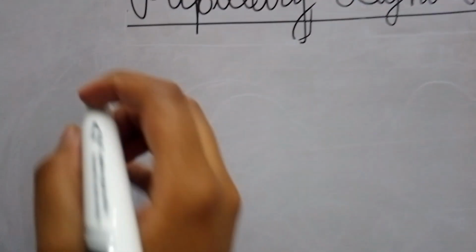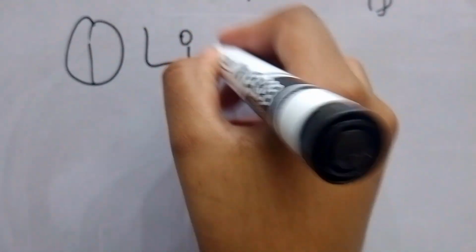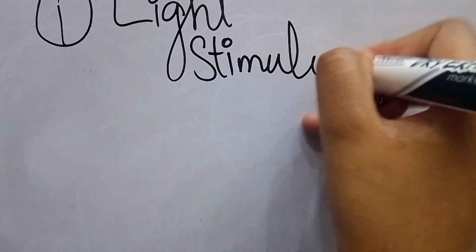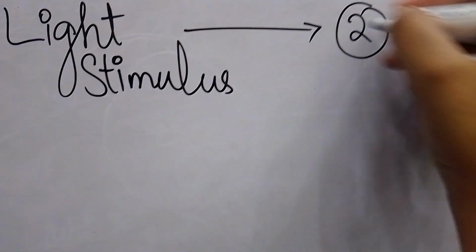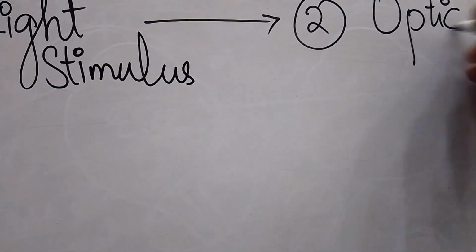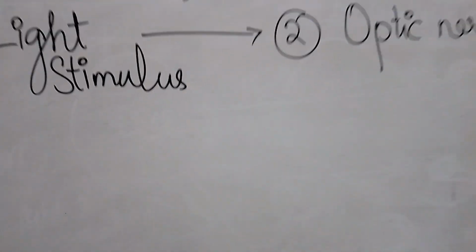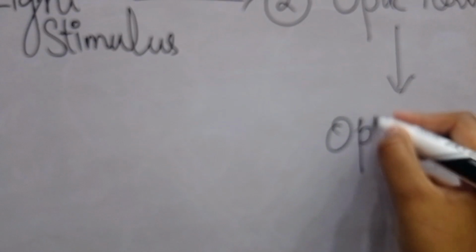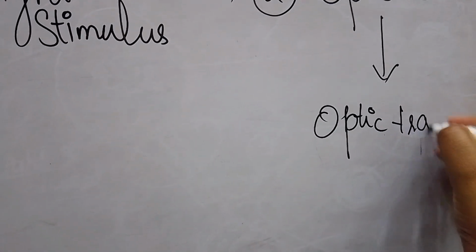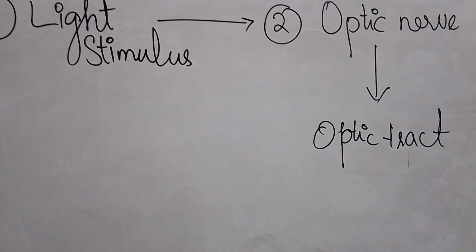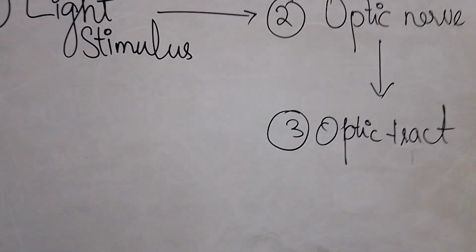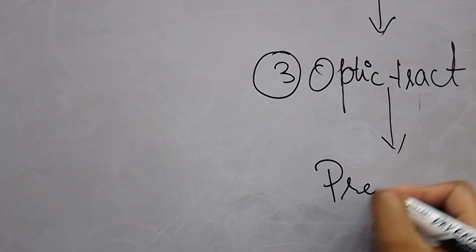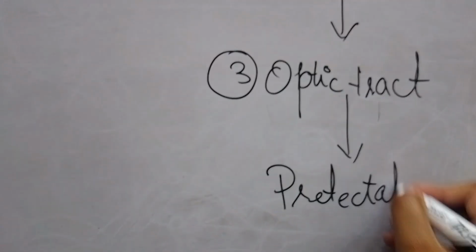So let's recall it again. The light stimulus has been shown. Then the optic nerve carries the light fibers to the optic tract via the optic chiasm. From the optic tract, the information will move towards the pretectal nuclei.